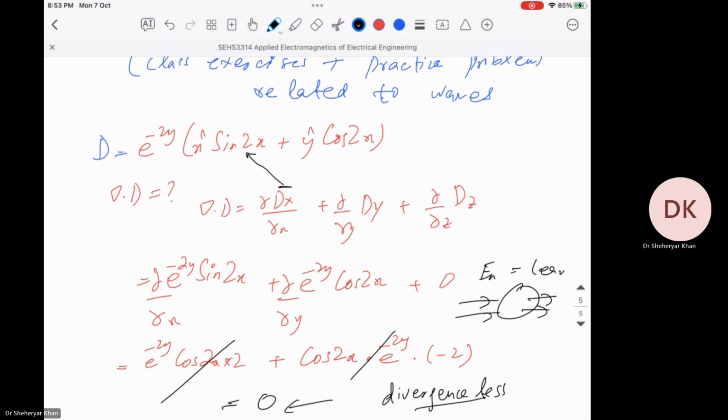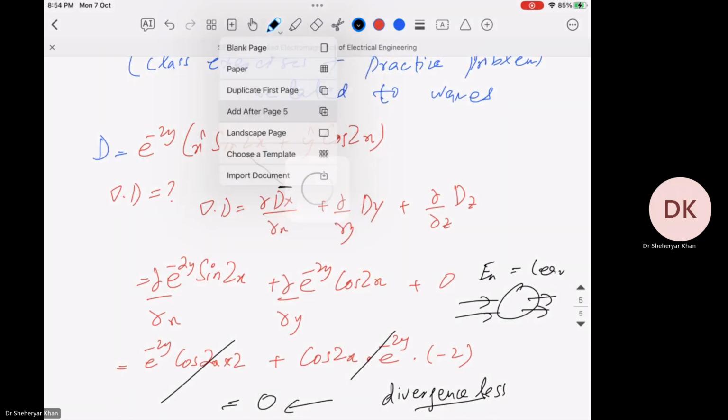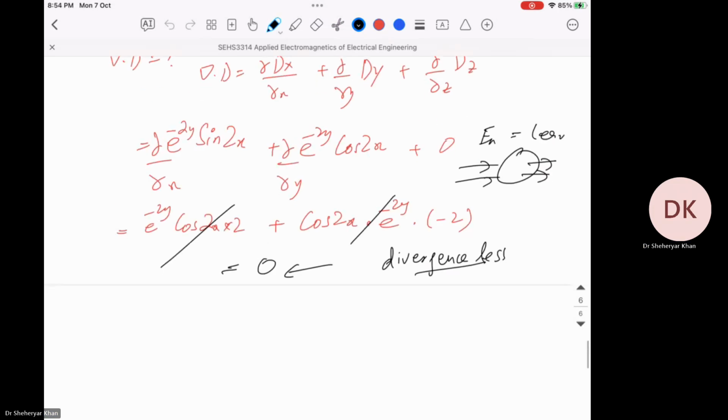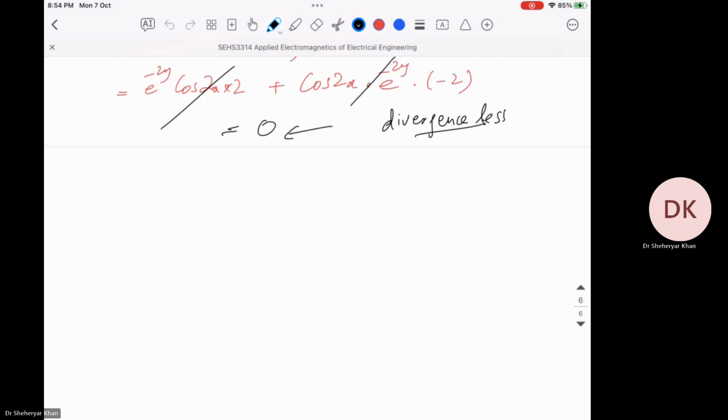Can you solve this by using Maxwell's first equation? What is Maxwell's first equation? We learned it today. Can you use this D and find out the volume charge density?